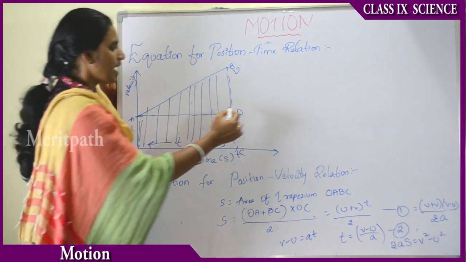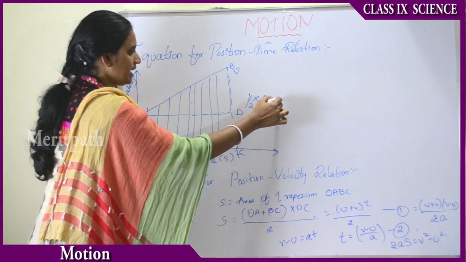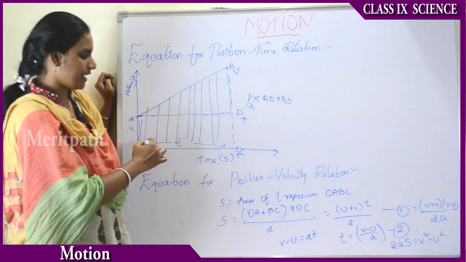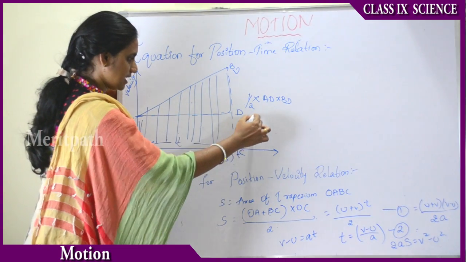Therefore the area of the triangle is half AD into BD, that is base into height, plus the area of the rectangle, that is length into breadth, that is OA into OC.